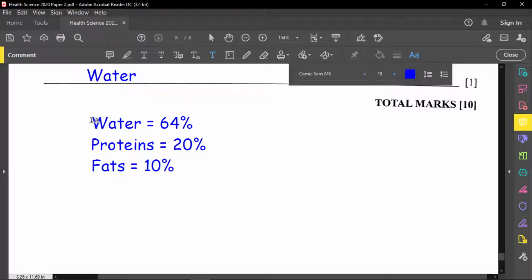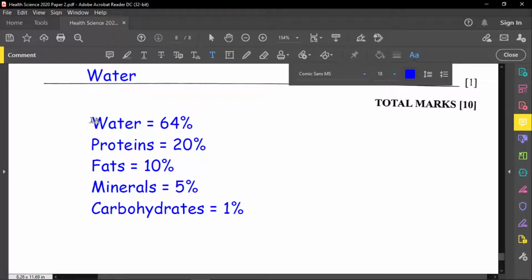Then minerals constitute about 5%. And the last one is carbohydrates, which constitute about 1%. Okay, so these are the percentages that constitute our body, and this is where we end today.